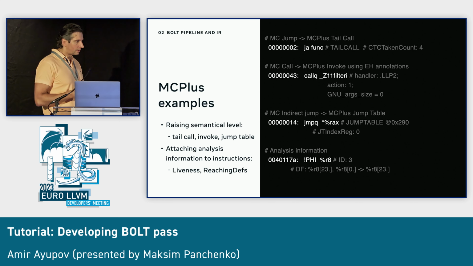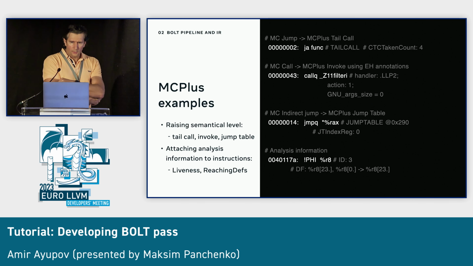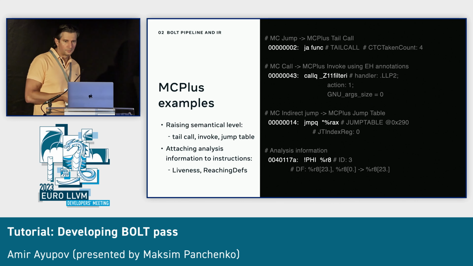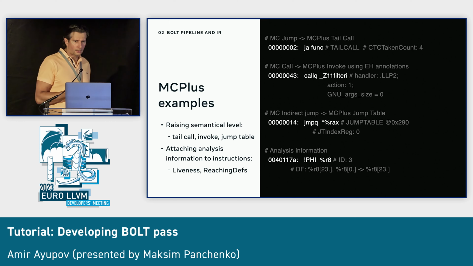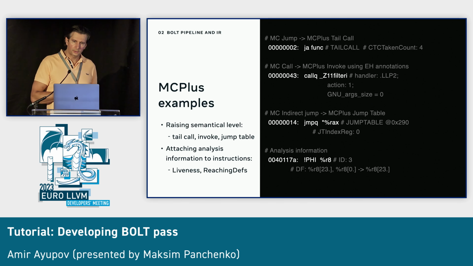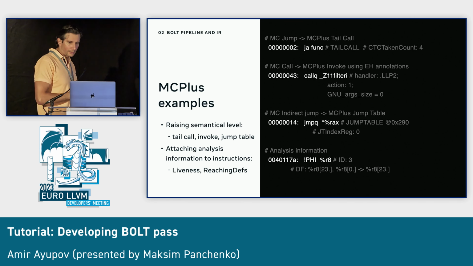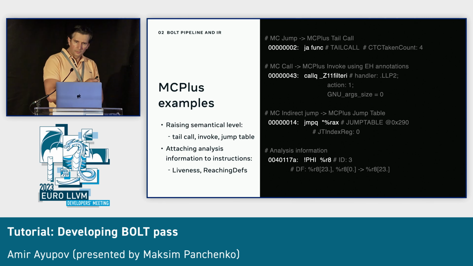For example, tail call, conditional tail call, where you have a jump on condition to a different function, right? This is easy to detect, and internally we convert conditional tail calls into a conditional instruction and then a regular call, but at the end of the process we actually emit the optimized conditional tail calls.